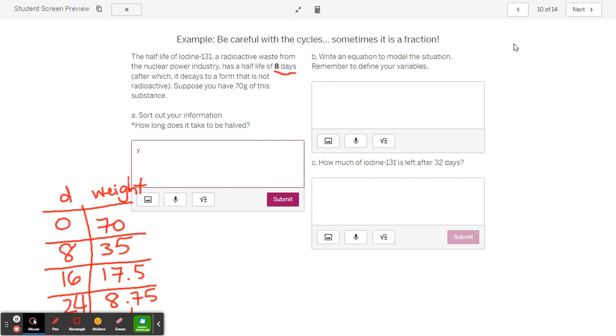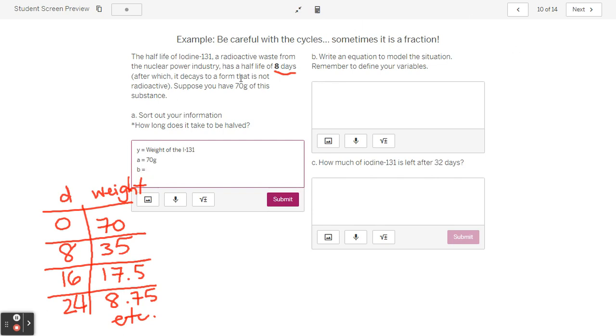We have y, which is the value, the total value, weight of the iodine 131. A is the original amount, 70 grams. B is our decay factor.